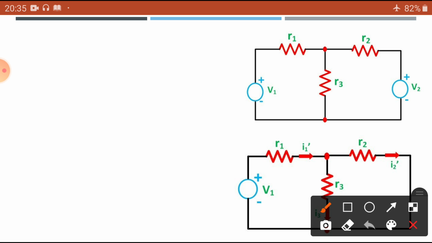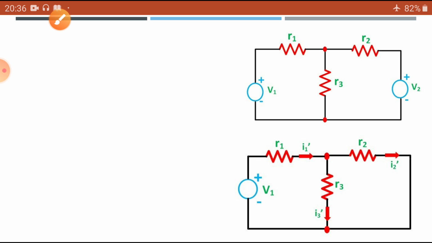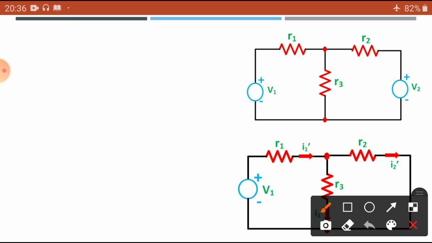So, the current assumed here is I1 dash. The current flowing here is I2 dash, and the current flowing in the circuit is I3 dash. We have assumed and represented that. Now, what you have observed here is the source resistance, and this is the one you are going to calculate.